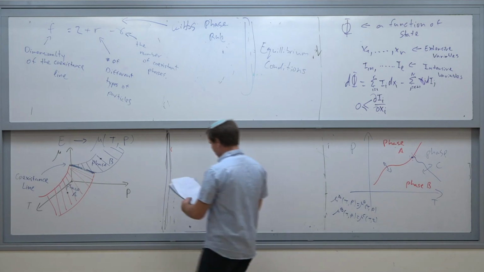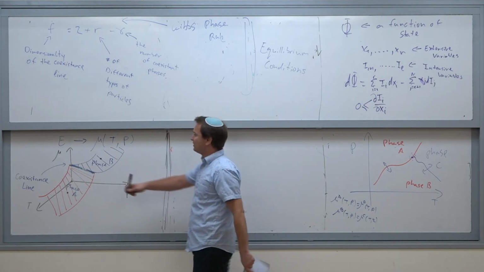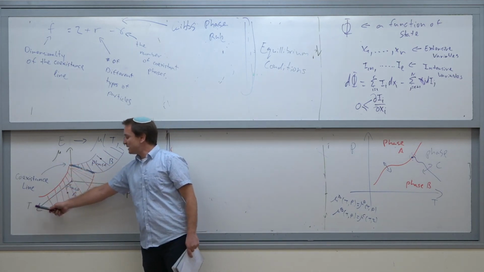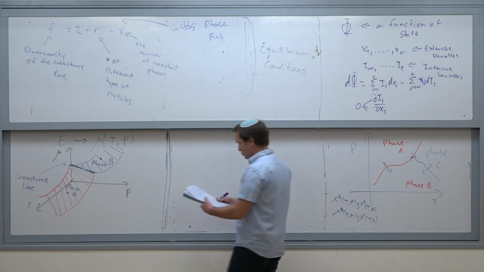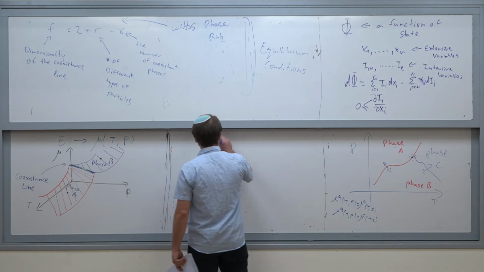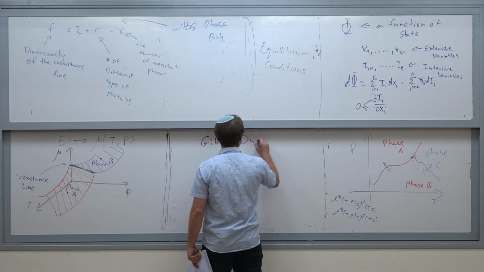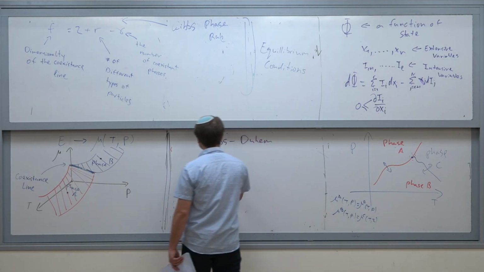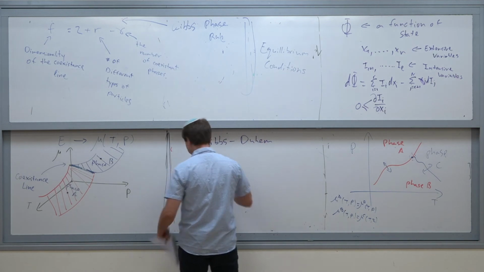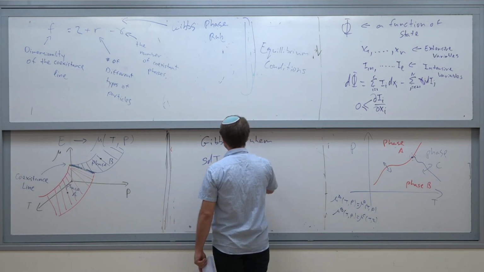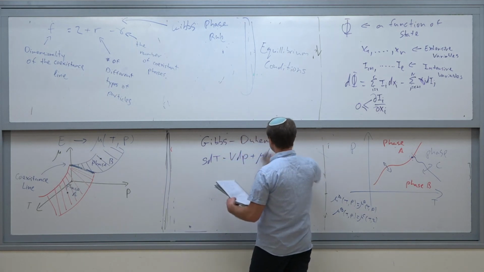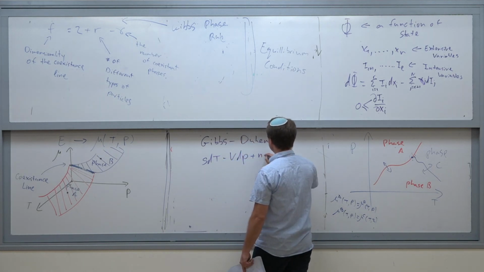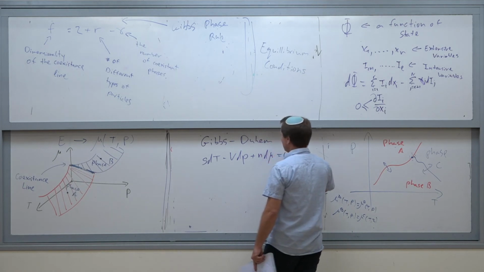So how do we obtain the derivatives of mu with respect to T or P? We go backwards to our Gibbs-Duhem equation. What is Gibbs-Duhem? It is S dT minus V dP plus N d mu equals 0.